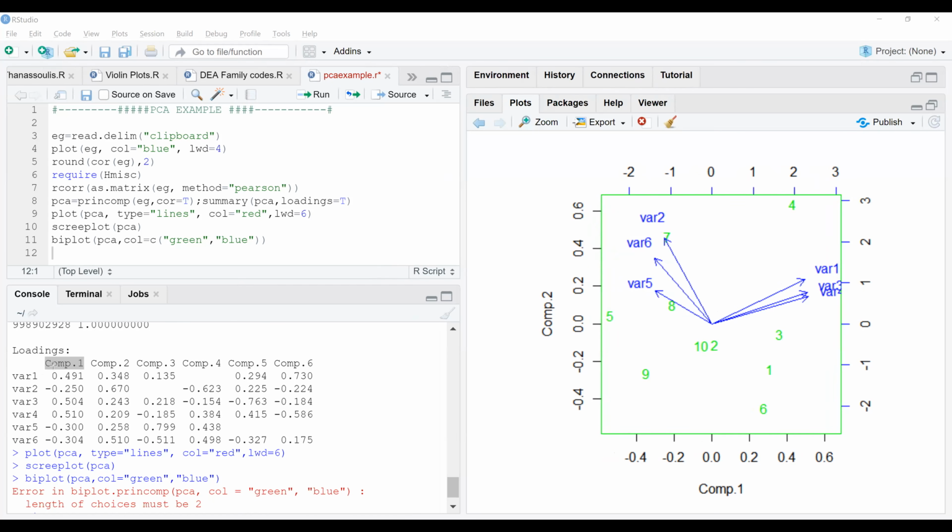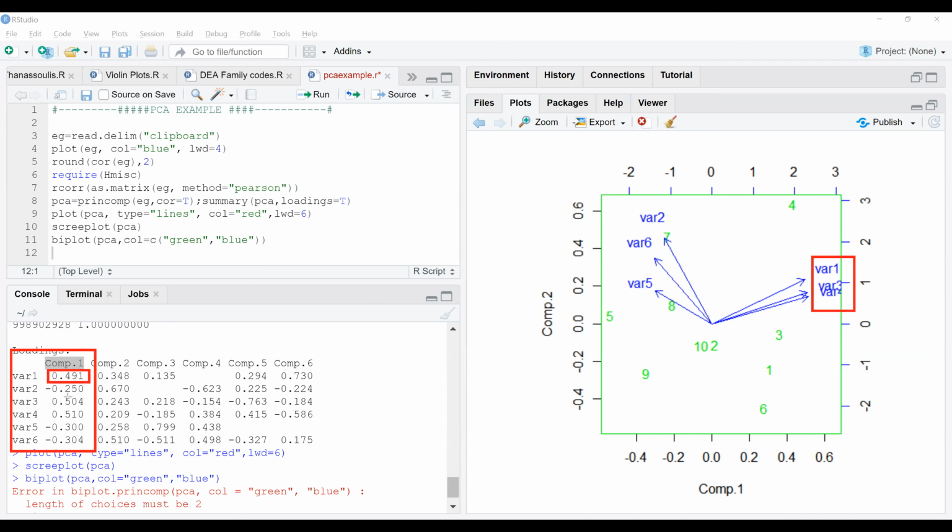So if you look at component 1, and I just want to identify that component, you will notice some variables that are under component 1. And watch the variables on the right here. You have variable 1, and variable 2, and variable 3. So come to component 1. Do we see variable 1 there? Yes, we have got variable 1 there. Look at the value.